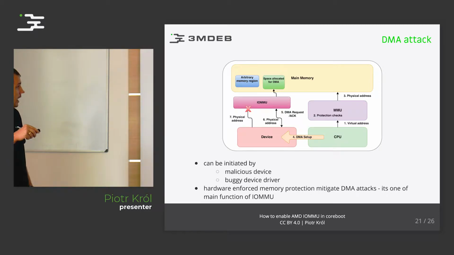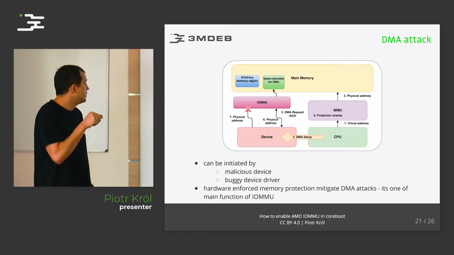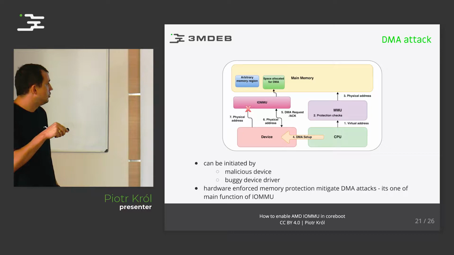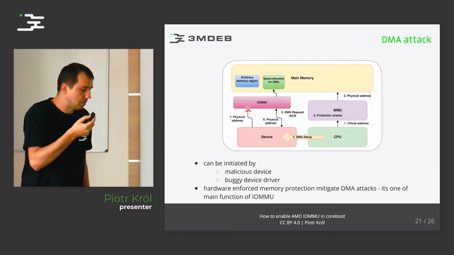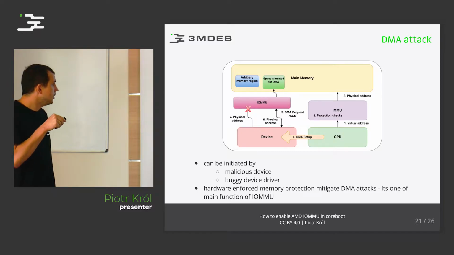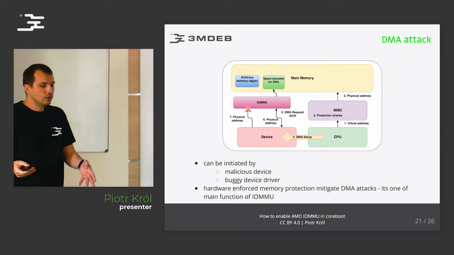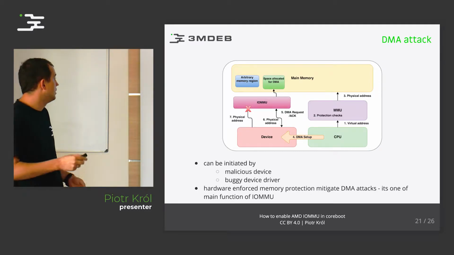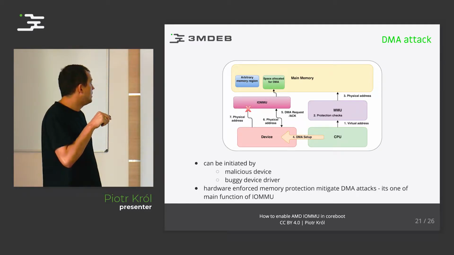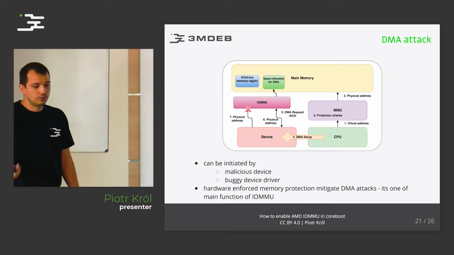What happens if we have IOMMU? In this case, during this setup, or during boot of the system, depends on the configuration, IOMMU is configured and device gets some known resources that it can access. So in that way, when device tries to issue some illegal address, it will not get access to the memory.